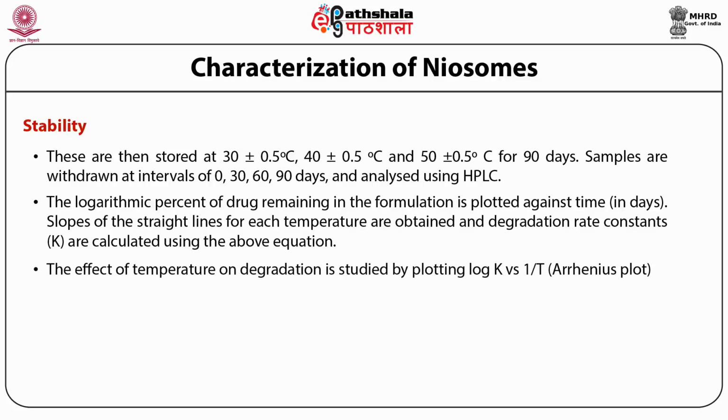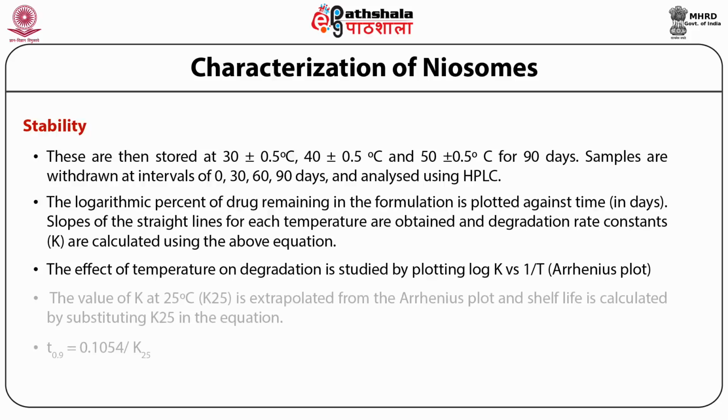The effect of temperature on degradation is then studied by plotting log K value versus reciprocal of temperature, and this plot is called the Arrhenius plot. The value of K at 25 degrees centigrade is extrapolated from the Arrhenius plot and shelf life is calculated by substituting the value of K at 25 degrees centigrade in the given equation.